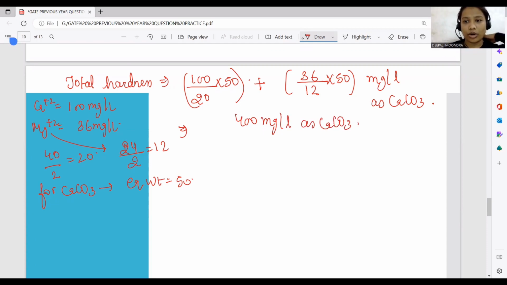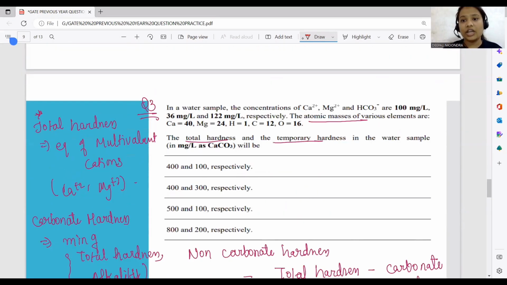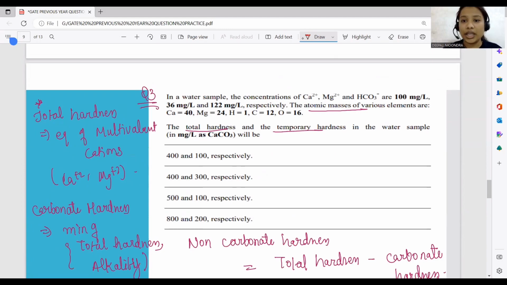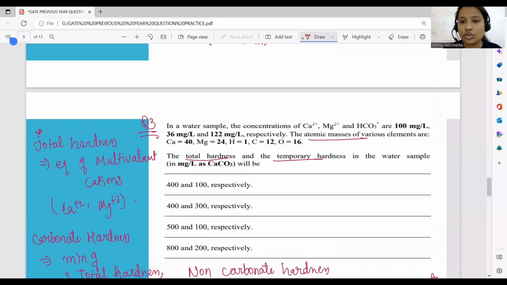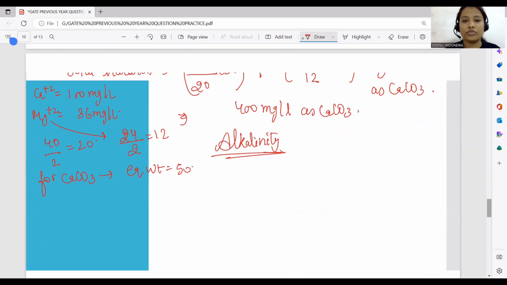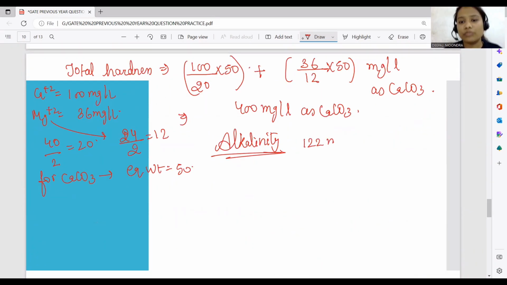Now let's talk about the alkalinity. Alkalinity, how will we find it? For the alkalinity, we should know the carbonate, bicarbonate, and hydroxide ions. So only the bicarbonate ion has been provided to us, as 122 mg per liter as HCO3-. Now, the molecular weight of HCO3 is 61 grams, right?